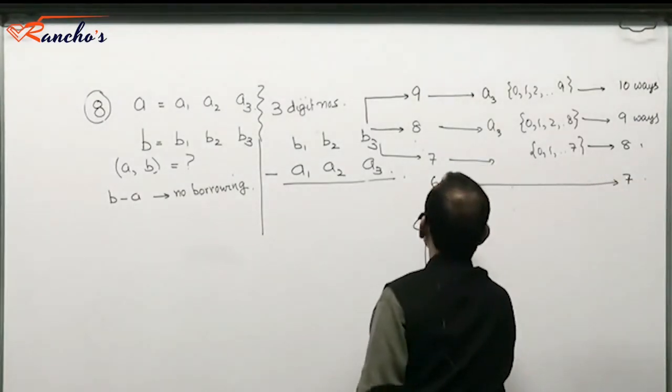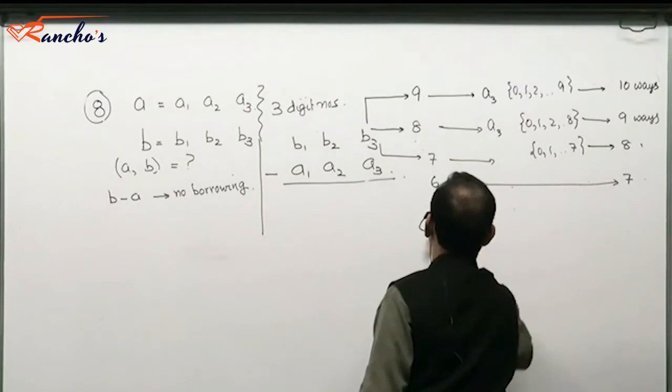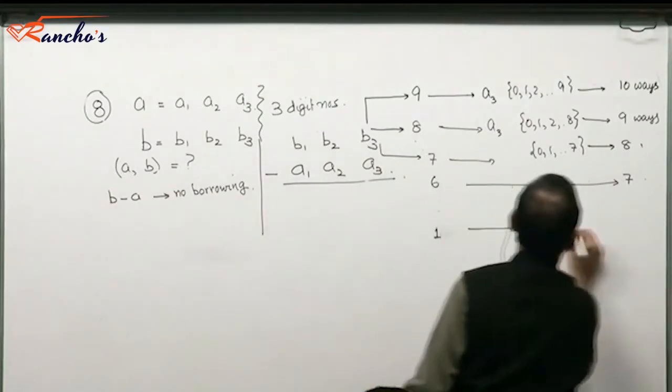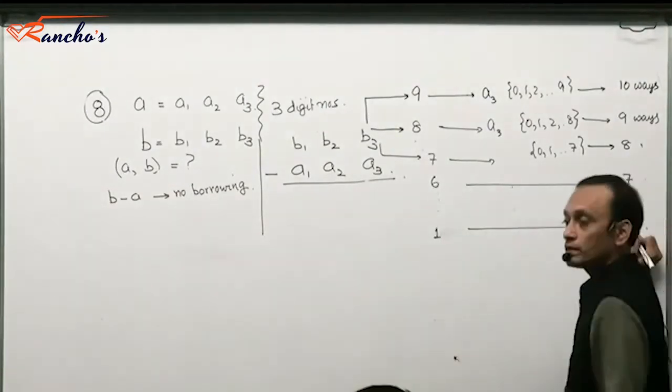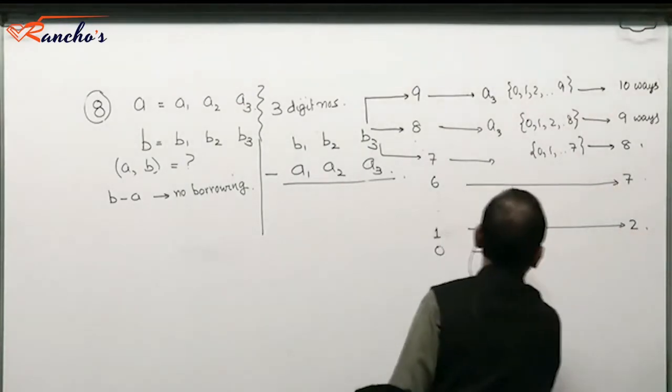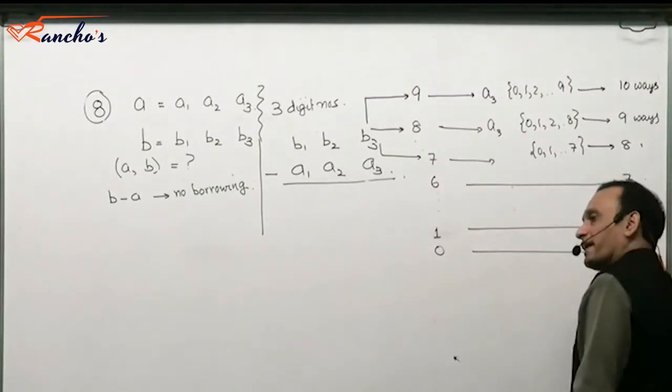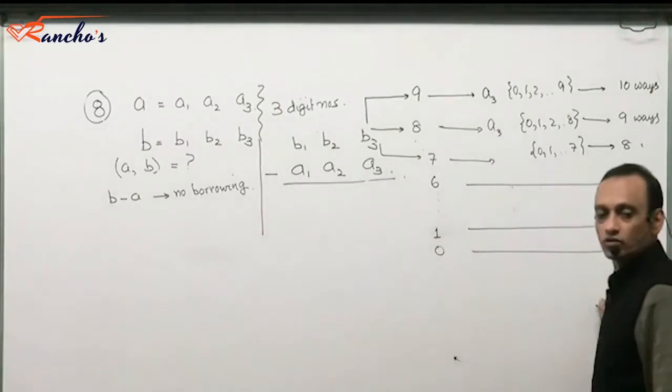Similarly, if b3 is 1, a3 can be selected in 2 ways. And if b3 is 0, a3 can be selected in only 1 way. a3 can only be 0. Yes or no?